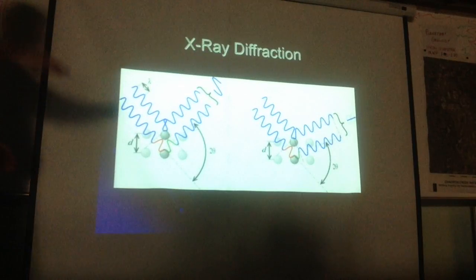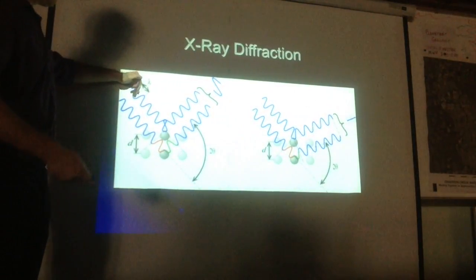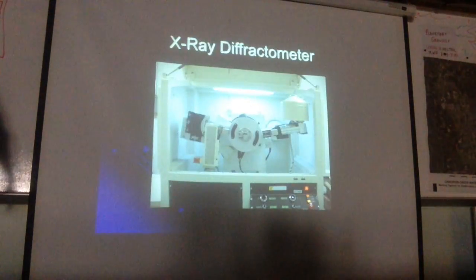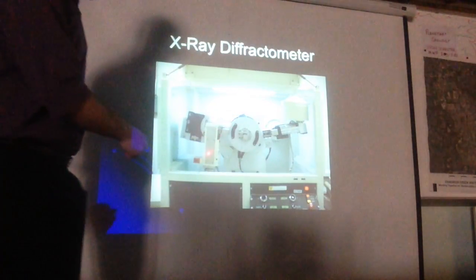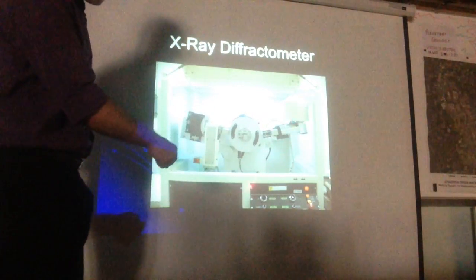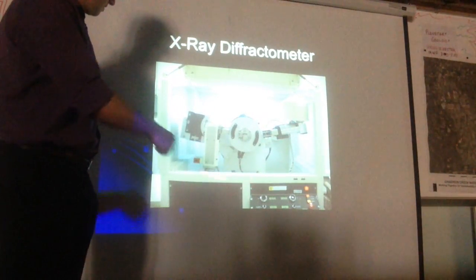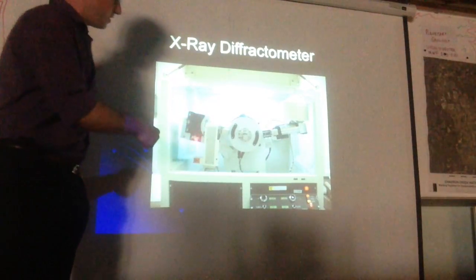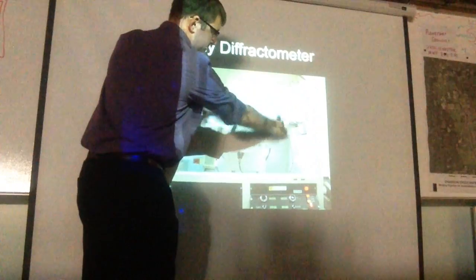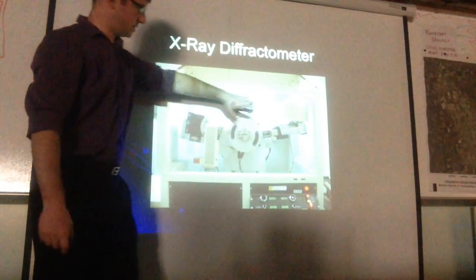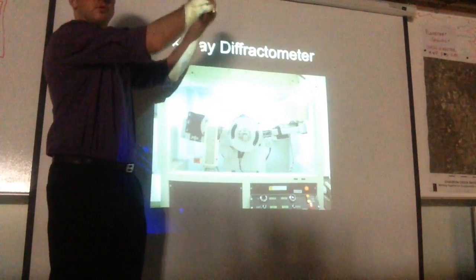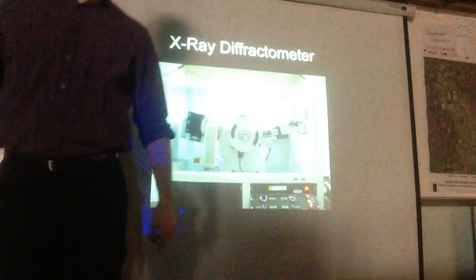The machine will take your X-ray tube, which is over here, and your detector, and they will basically rotate to change the angle.